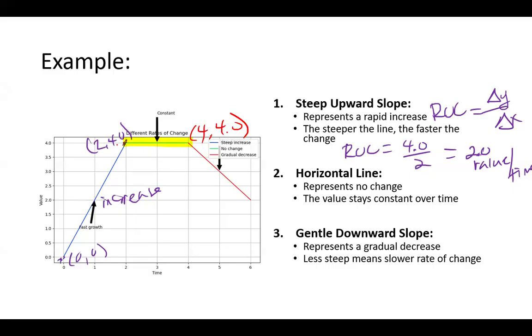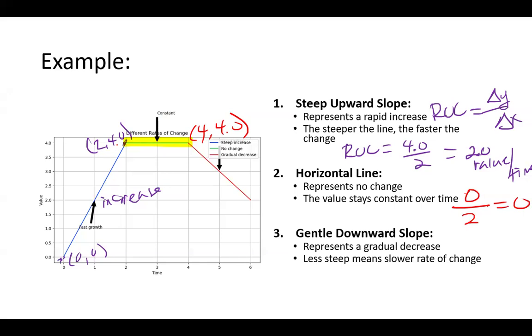0, right? The reason why we know it's going to be 0 is because it's our change in y over our change in x. Our change in y has no change. I am still at 4.0 and 4.0. Okay, so I end up with 0 in the numerator and then 2 in the denominator, and anything divided by 0... sorry, 0 divided by anything is 0.